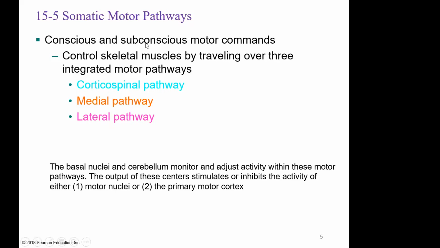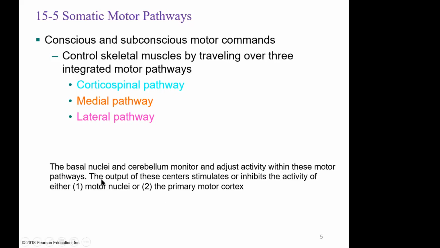So when we're talking about the subconscious, then we would be looking at things like the basal nuclei and the cerebellum, which are going to help with the integration of that motor coordination. So kind of like what we saw in the first picture, all of those arrows were coming out where you saw the basal nuclei, hypothalamus, cerebellum. They're going to help make sure that all of it works.